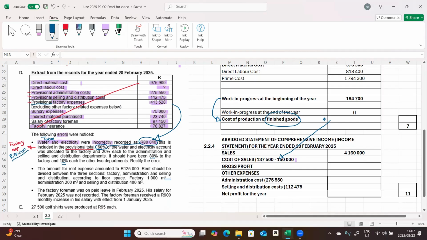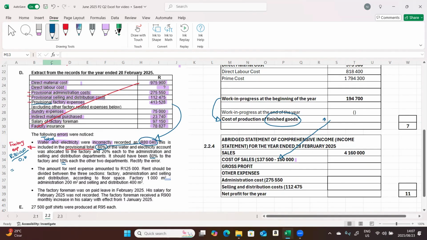Don't write 60, you can write 60% in your calculator, but I just work with decimals. 60% is 0.6 as a decimal. So you take your amount and divide it by the percentage that it represents. That answer will give you the total amount that the 60% was based on, so your total water and electricity.